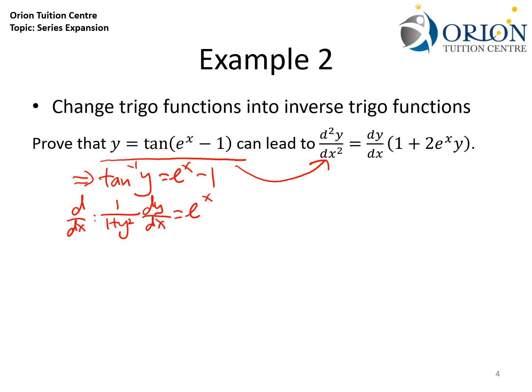eˣ. Now, we can make use of the first trick that we learned to cross multiply the 1 plus y² across, and we can perform product rule rather than performing a quotient rule. So this becomes dy/dx equals eˣ times (1 plus y²). And I shall call this equation star for now.